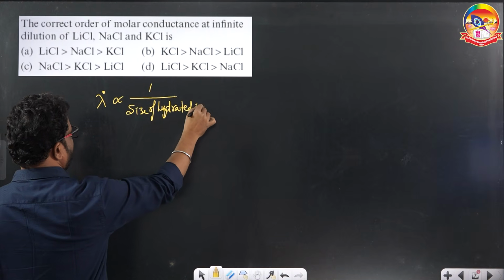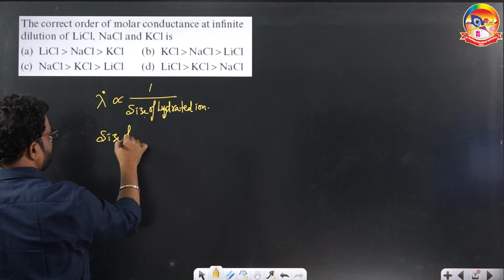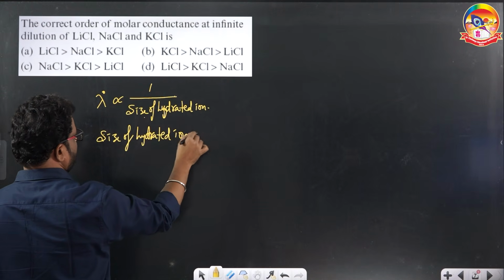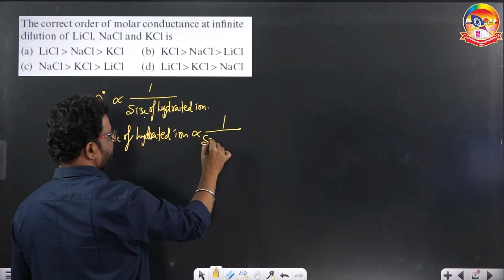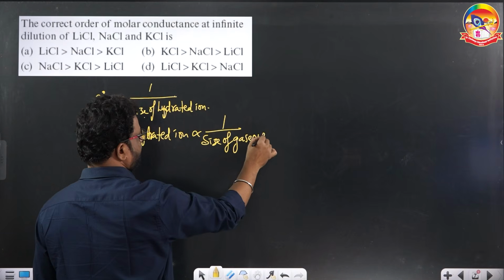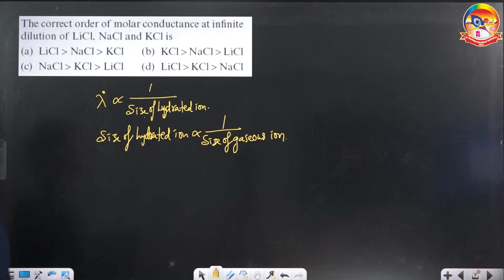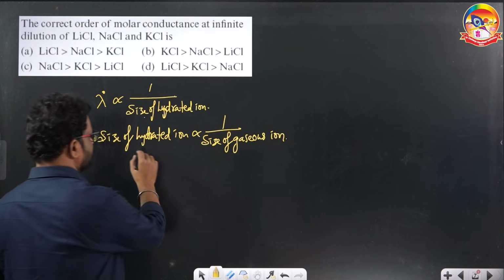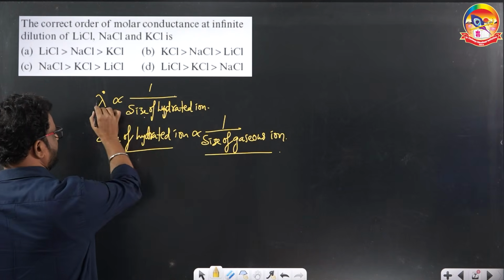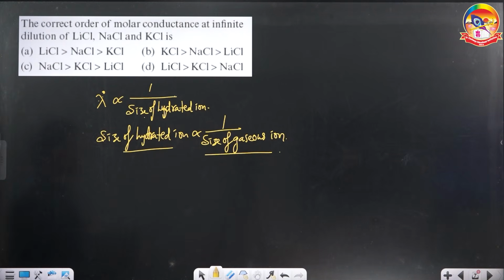The size of the hydrated ion in turn is inversely proportional to the size of the gaseous ion, because a smaller ion gets more hydrated. So the size of the hydrated ion is inversely proportional to the size of the gaseous ion, and lambda naught m is finally directly proportional to the size of the gaseous ion.